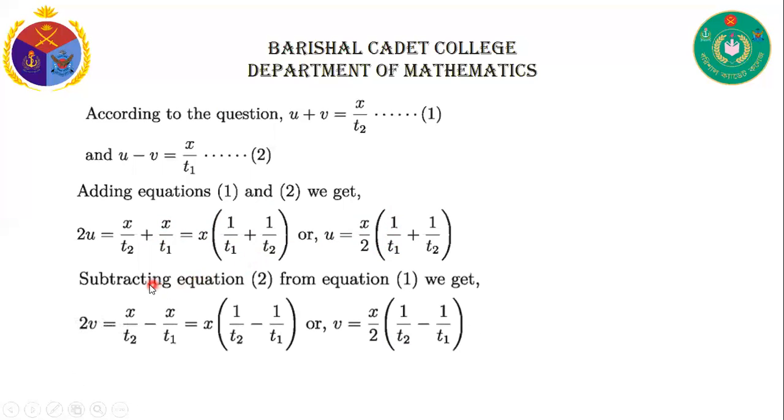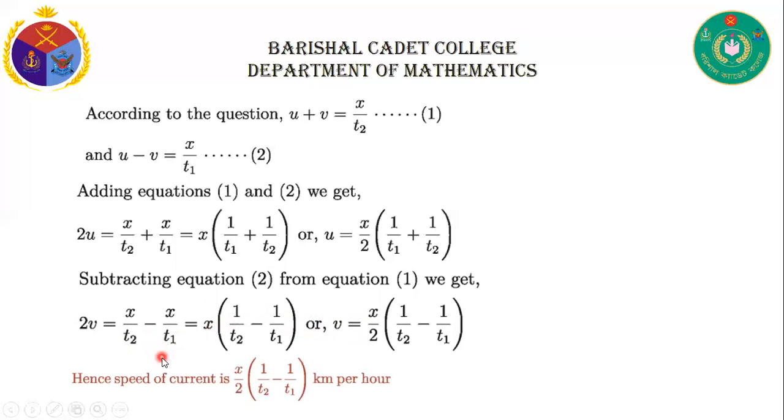Similarly, subtracting equation 2 from equation 1, we get 2v equals x by t2 minus x by t1, that is x into (1 by t2 minus 1 by t1), or v equals x by 2 into (1 by t2 minus 1 by t1).